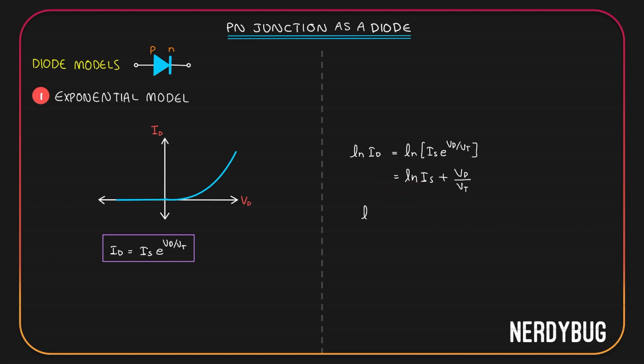Then we get log of Id minus log of Is is equal to Vd divided by Vt. Again, log of A minus log of B is log of A divided by B. So here we can write log of Id divided by Is is Vd divided by Vt. From here we can write an expression for the applied voltage Vd. It is Vt multiplied by log of Id by Is.